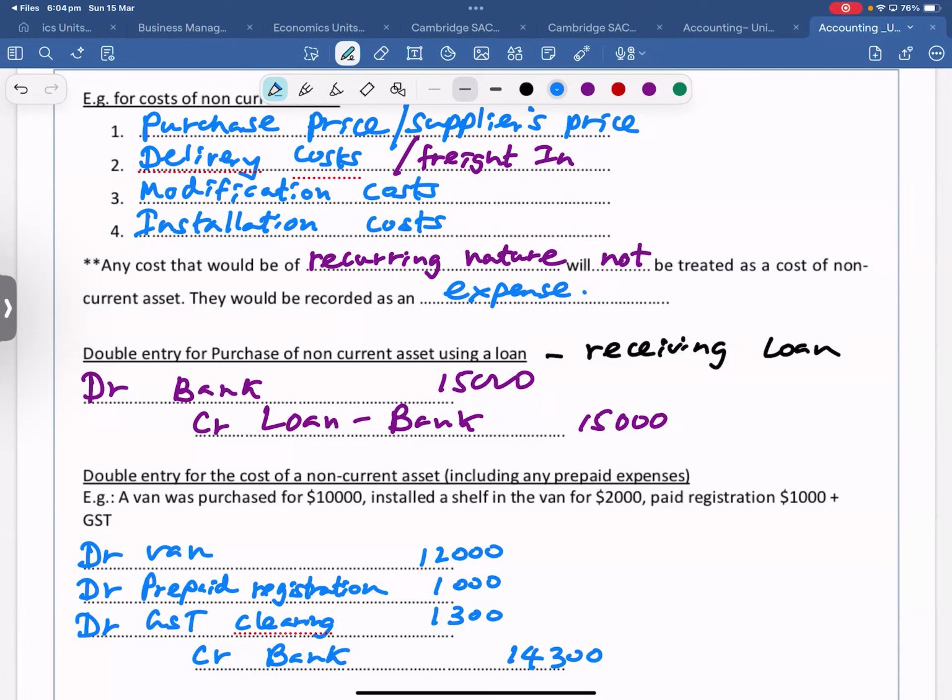Tires, why? What did I say? Any recurring nature, if it is occurring again and again, do you add it to the cost? No. Don't add everything to the van. The tires are not.